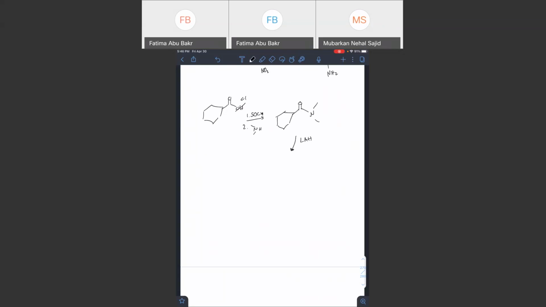So it looks like LAH is turning out to have a lot more uses than we originally learned about. I think in this case, because of how the nitrogen is adjacent to it, that will cause the oxygen to just completely leave. Originally what we learned was that if you have a molecule like this and you react it with LAH, you can expect your product to look like this, right?